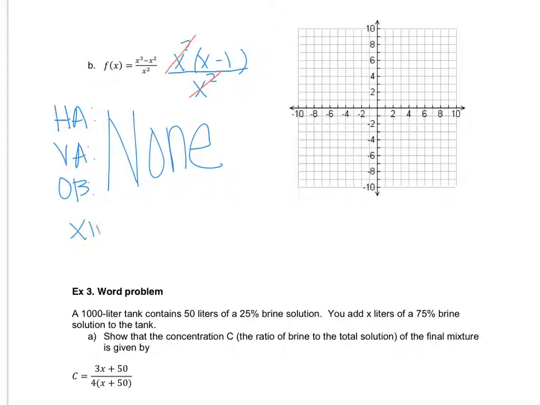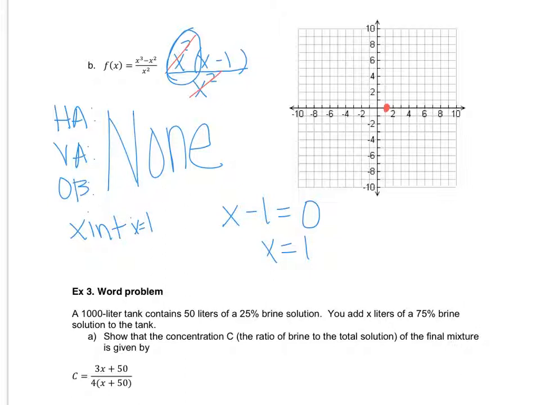X-intercepts, you still need to find those. So again, once we have our top factored, and you're not going to include this, we're going to set that equal to 0, and I have an x-intercept at 1. So I'm going to go ahead and put that on my graph, that I have an x-intercept at 1.